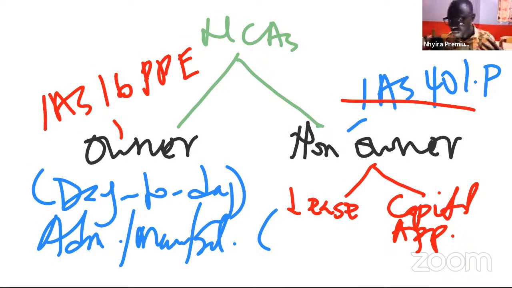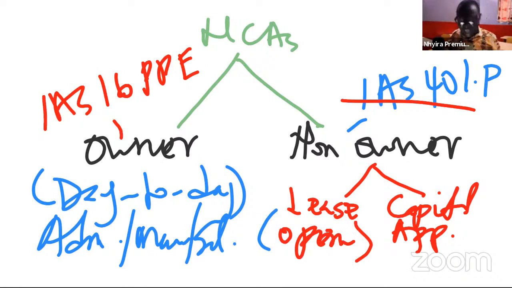So, off the bat, it's very important for you to understand where we are standing. Is it about IAS 16, where the business is using it for the day-to-day running of the organization, or is it about an investment property? Please note, remember the leases I put here, I said it is an operating lease. You got to be careful about that. If it is a finance lease, you cannot treat it as an investment property.